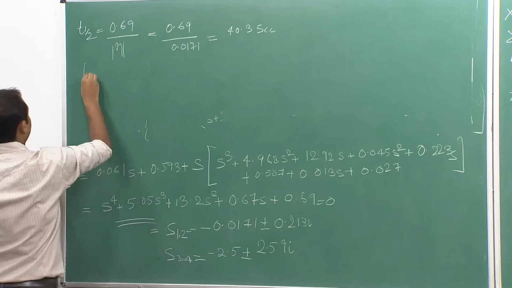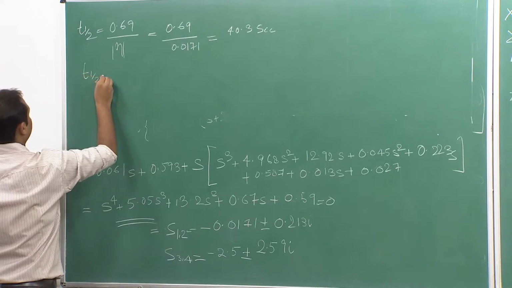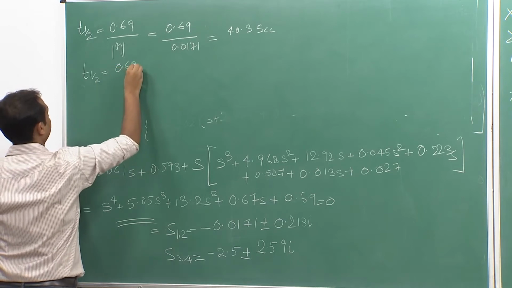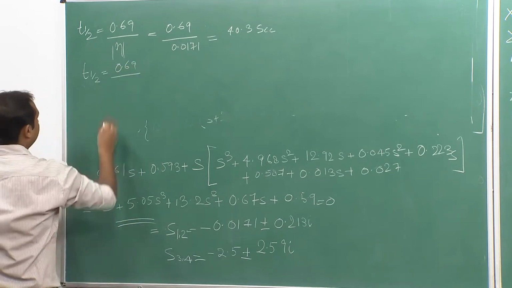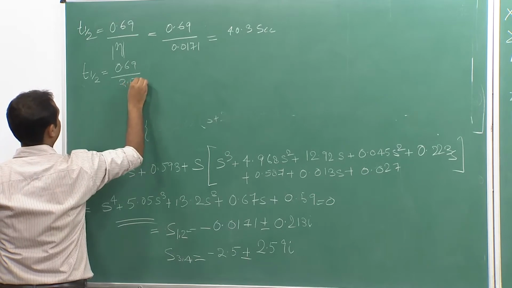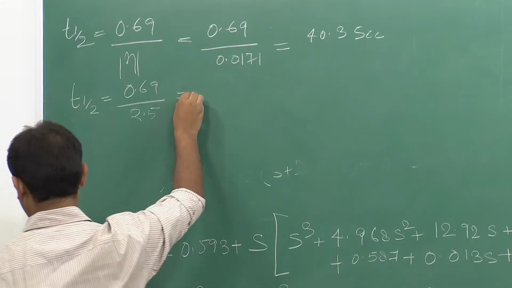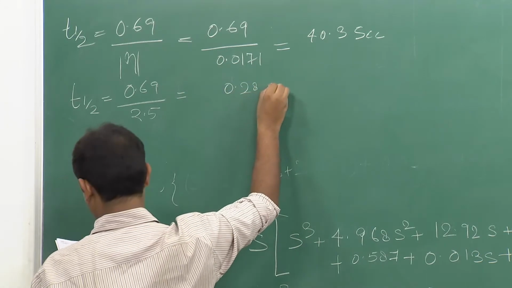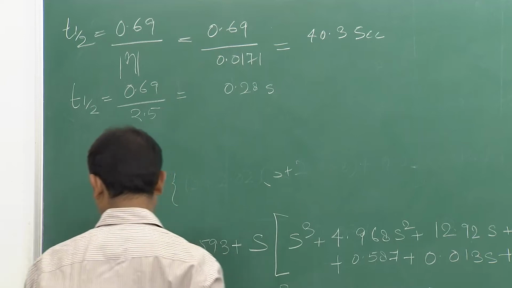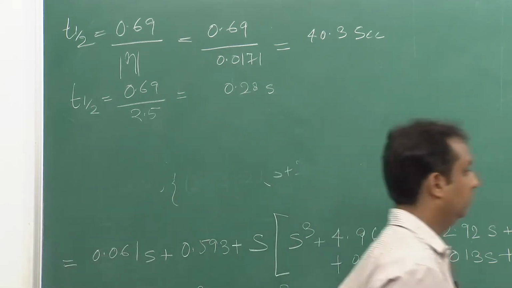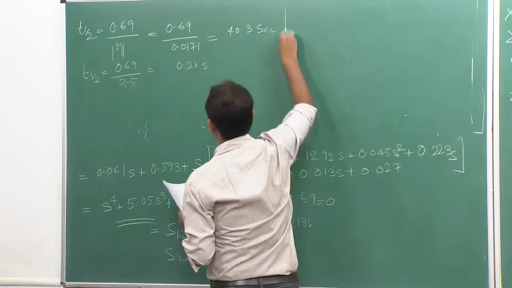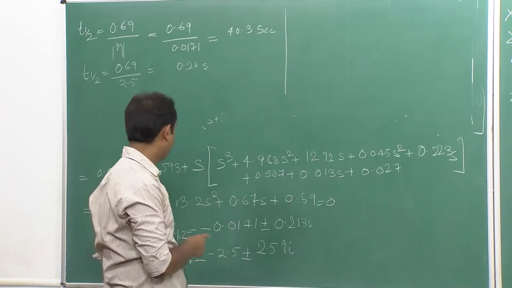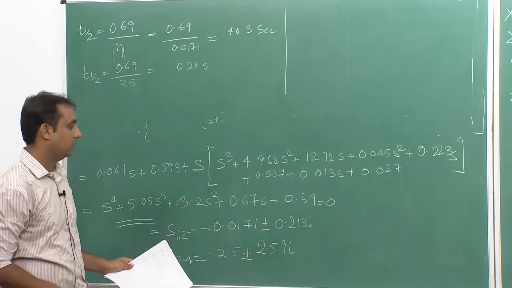Similarly, t half for short period mode will be 0.69 divided by 2.5, which will give me 0.28 second. These were the t half we got for characteristic roots we got from characteristic equation.